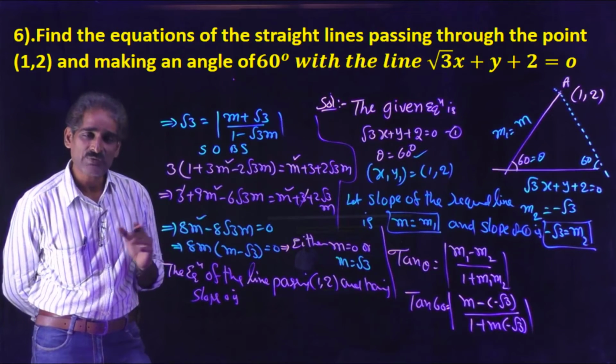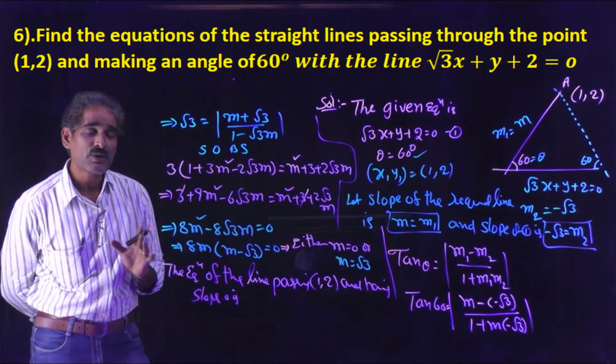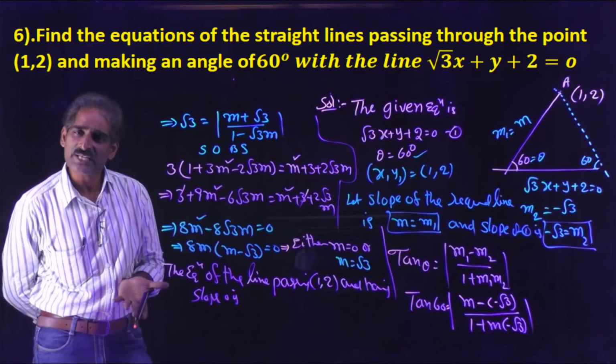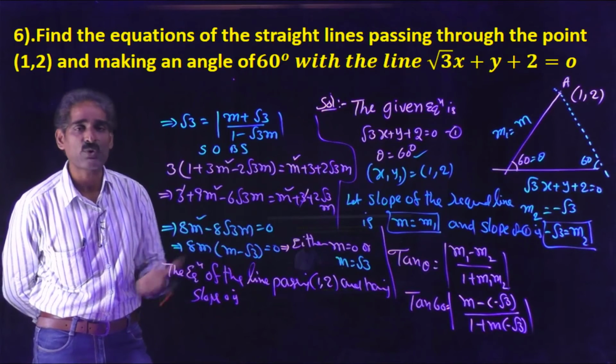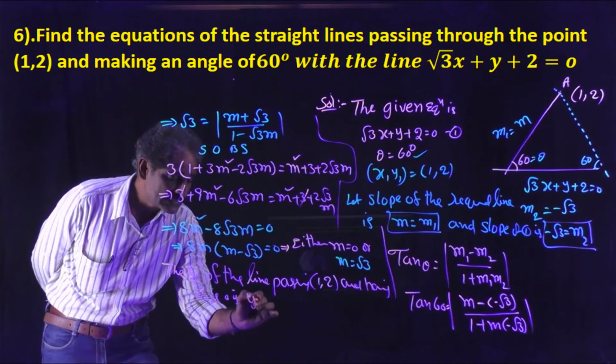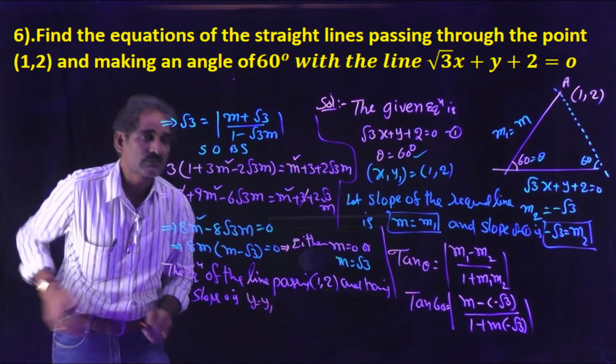Y equal to y1 represents a line passing through (x1, y1) and parallel to the x-axis. Slope 0 means parallel to the x-axis. Here it passes through the point, so y is equal to y1.